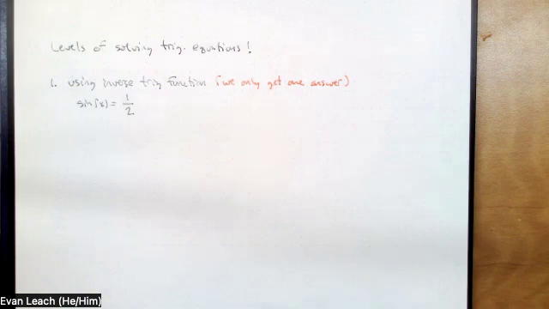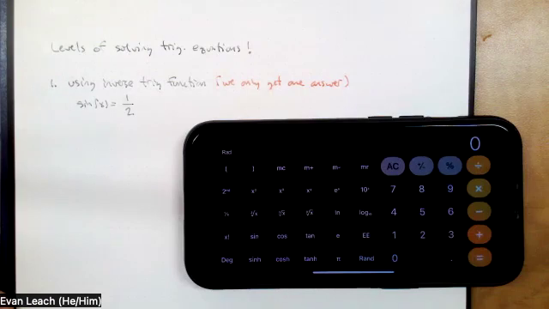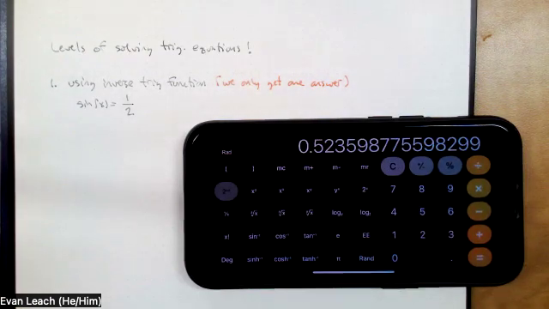Okay, we can't literally say it unless we have voice activated calculators. But we can say, hey calculator, what is the sine inverse of 1/2? And it'll tell us pi/6. Everybody recognize pi/6, right? Not a quiz on it, so just be like, oh yeah, totally.